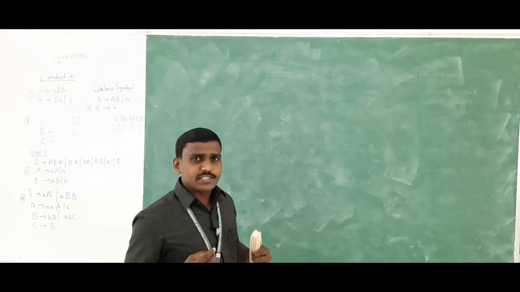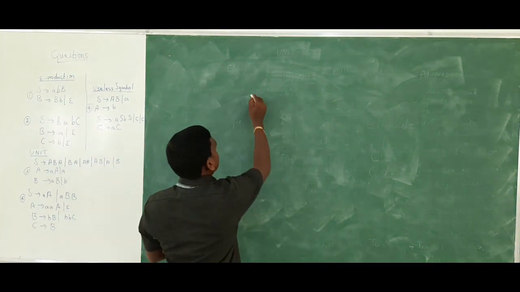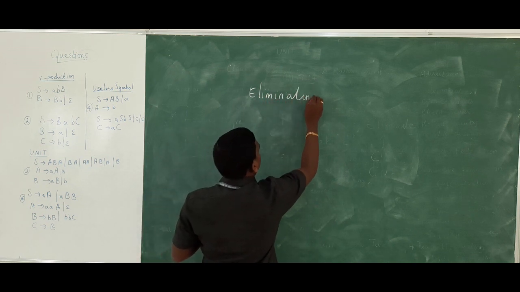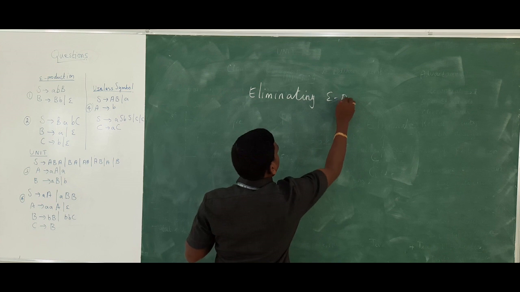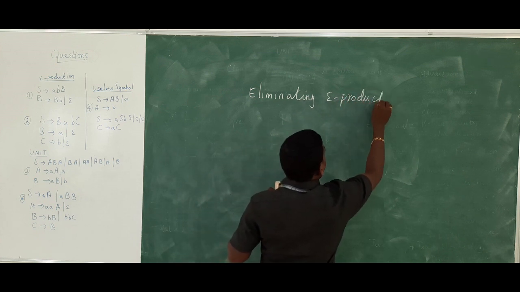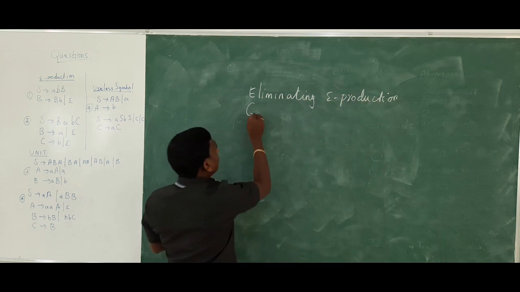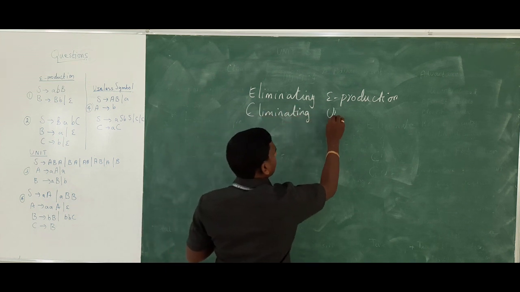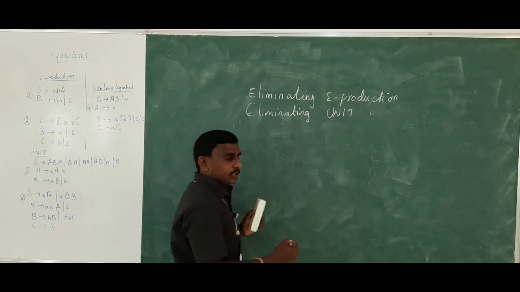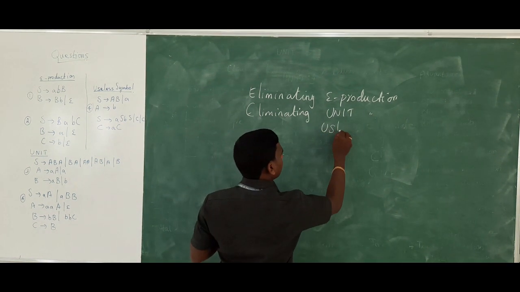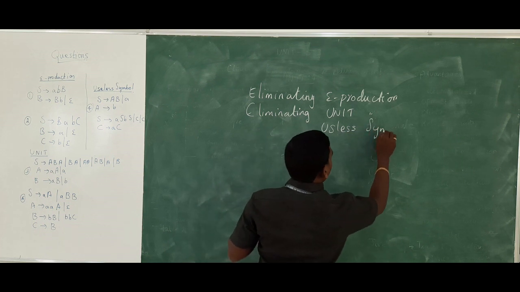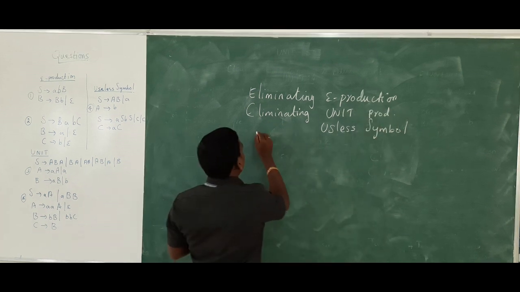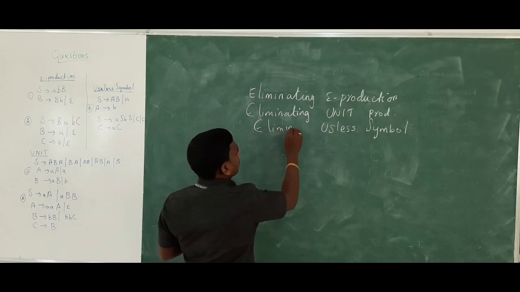So what are the things we have to eliminate from the grammar? First one is eliminating epsilon production. Second, eliminating unit production. And third one, eliminating useless symbol.